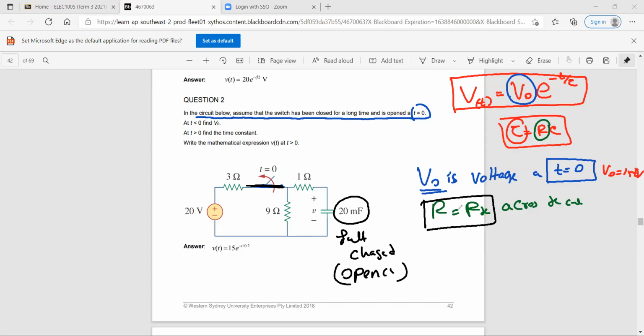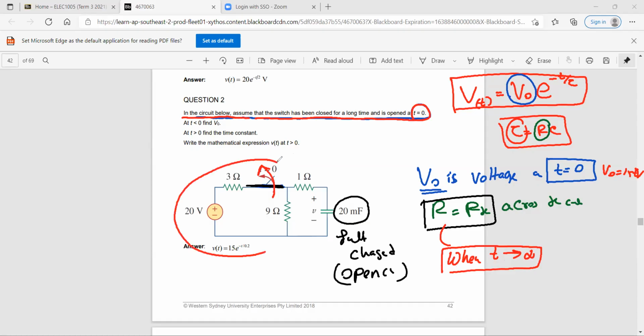Now, when you are finding R, you need to remember this: you need to consider the circuit when time goes to infinity. That means they are saying the switch was closed for a long time and it was open when the time is equal to 0. So when the time is equal to 0, the switch is opening, and you don't have this part in the circuit, right?